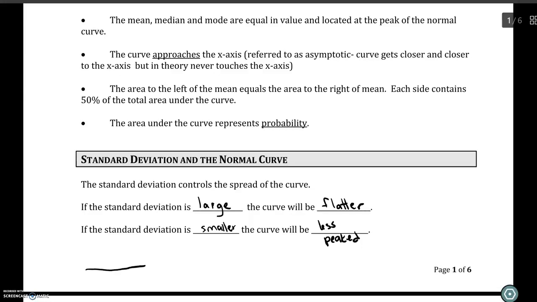So a large standard deviation means that my curve is fairly flat. A small standard deviation means that my curve is more peaked, because we will go from our mean to our 3 standard deviations much quicker. And remember, the cumulative area underneath the curve is always 1.